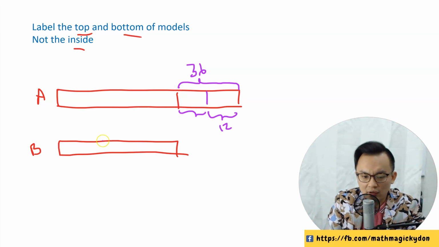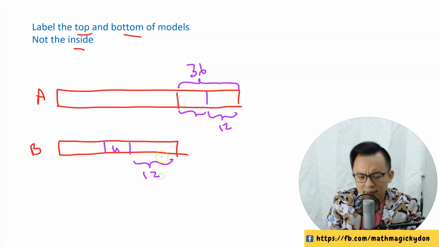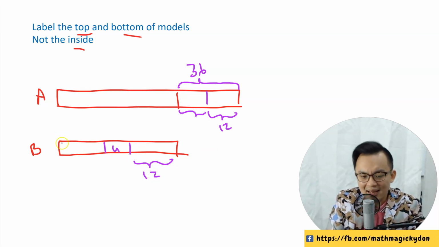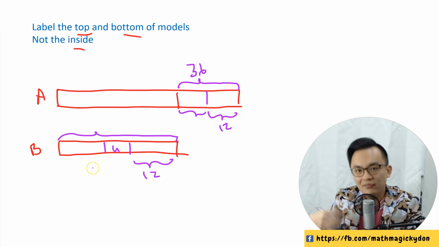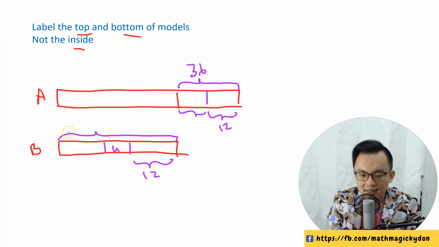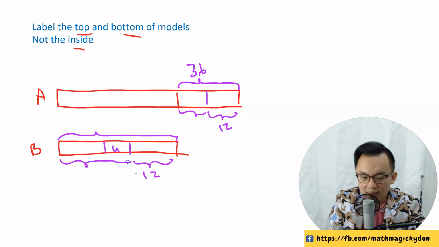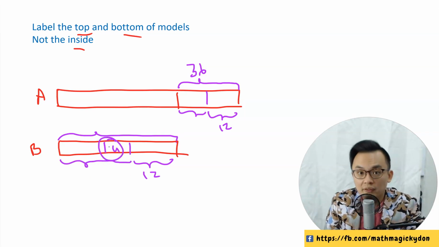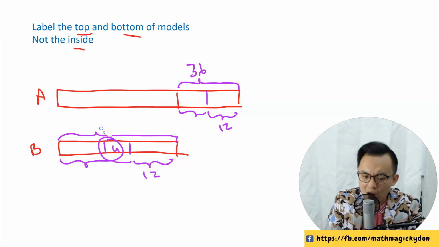So sometimes you have, let's say, this is 1 unit here, and then I cut it, and then I say this is like maybe 12 or something like that. And then you forget that this entire part is 1 unit. After that, you would think that, hey, it's just this part that is 1 unit, because your 1 unit is over here. So it's very easy to make careless mistakes when you label the inside of a model.